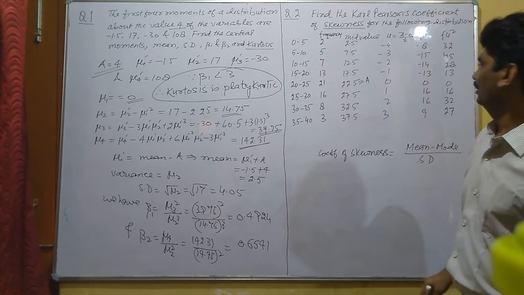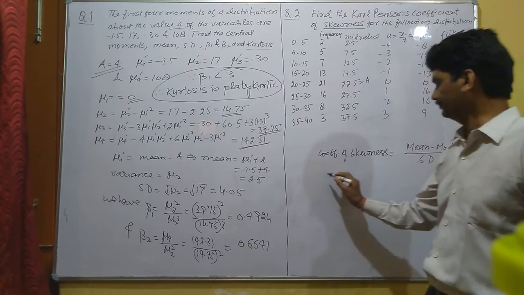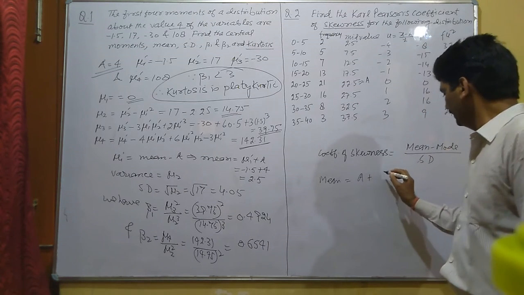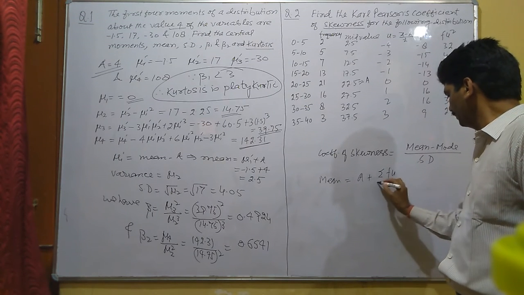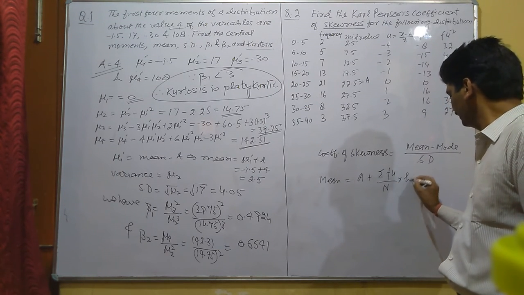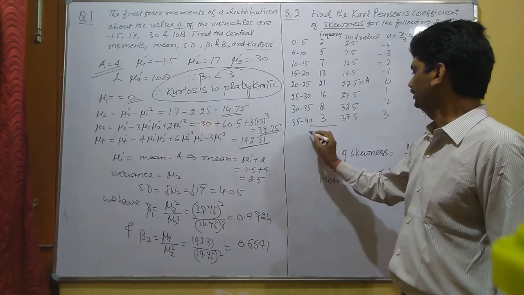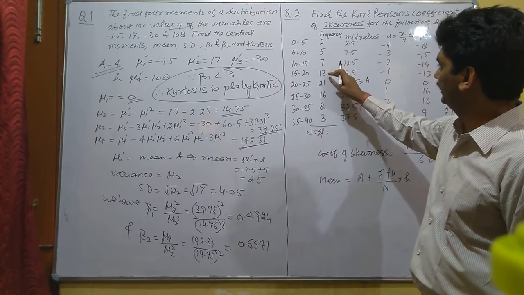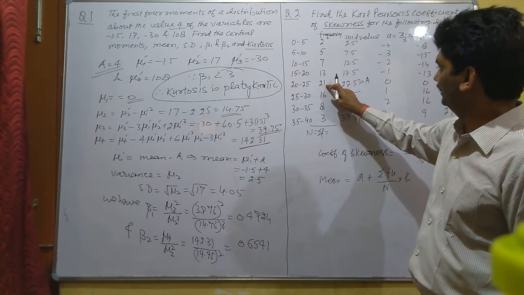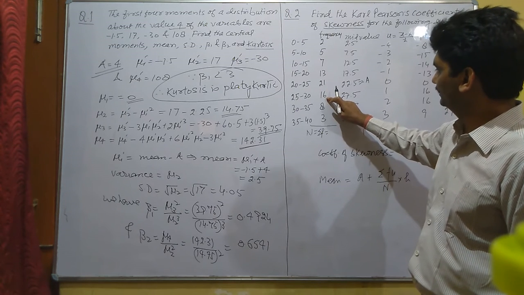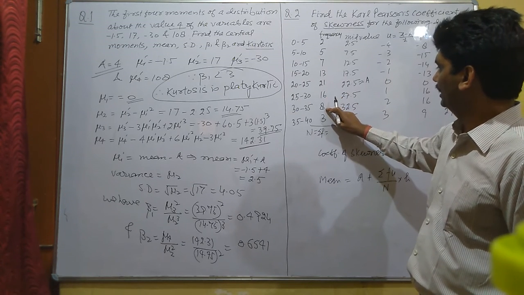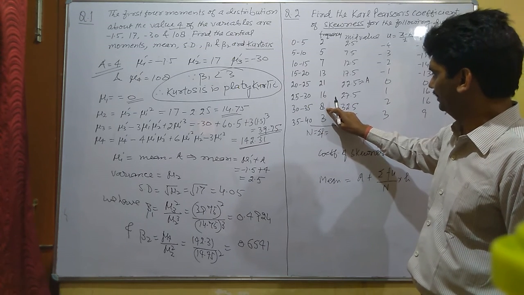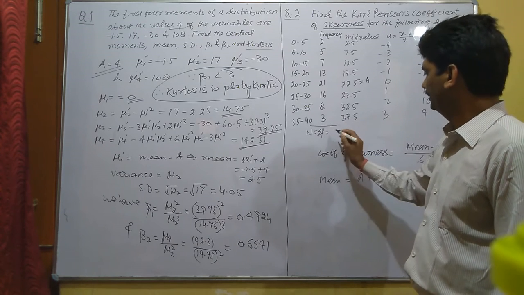Okay, and now the shortcut formula for mean is mean equal to assumed mean plus summation fu upon capital N into h. So capital N means sum of the frequencies, sigma f. It is 7, 14 and 27 and 48, and this is 64 and 72 and 75.